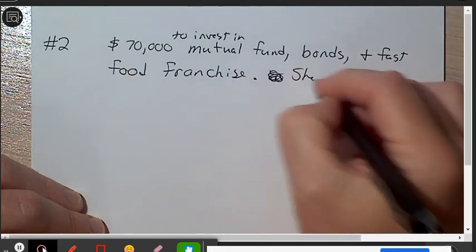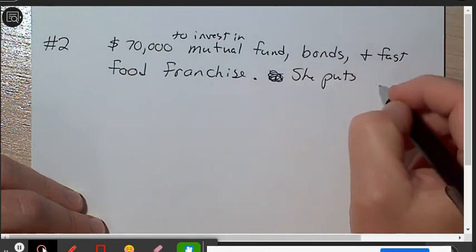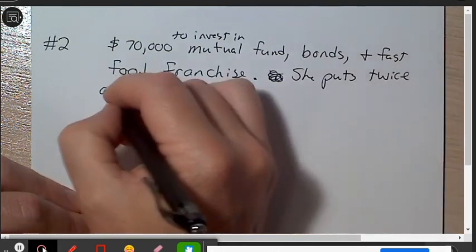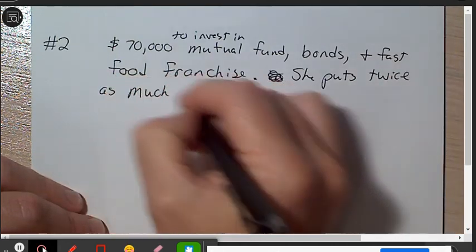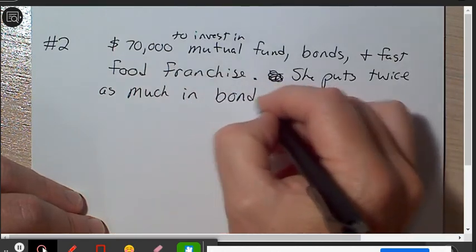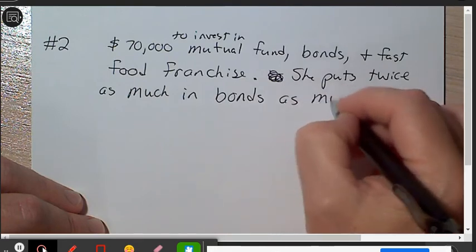She puts twice as much in bonds as mutual funds.